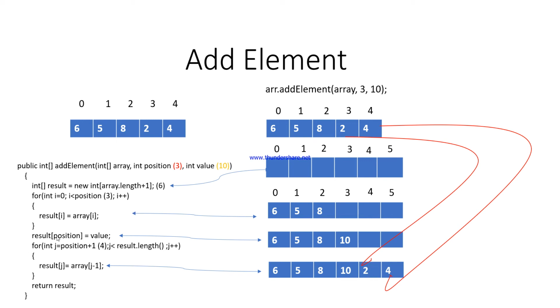The condition is j should be less than result dot length. Yes, 4 is less than 6, so the result array of 4 should be replaced by the array of 3, and the array of the fourth position goes to the result's fifth position. This is how the add element works.